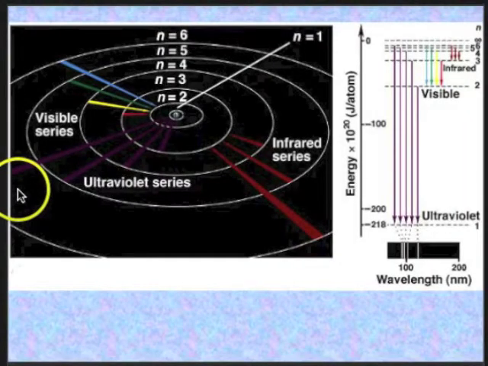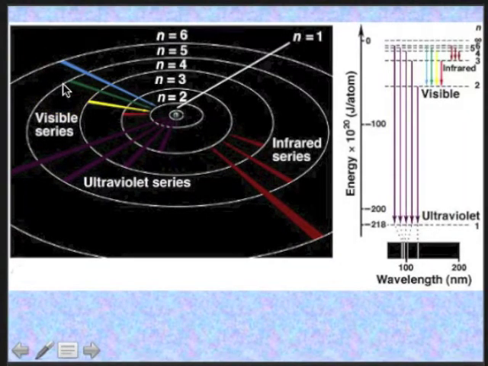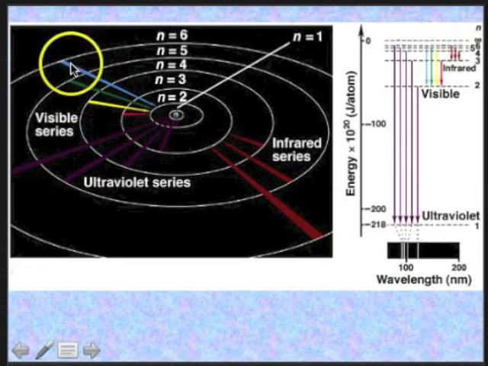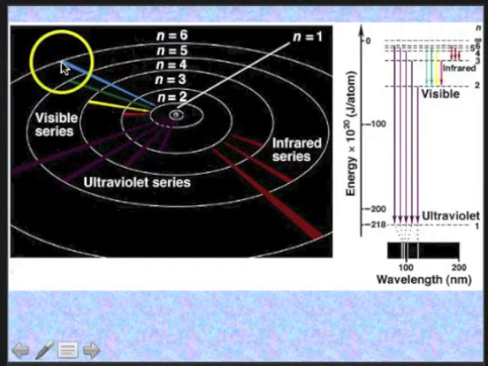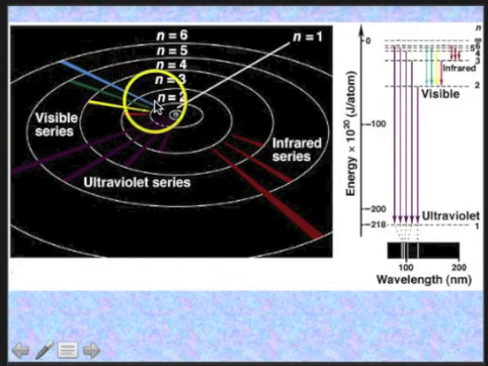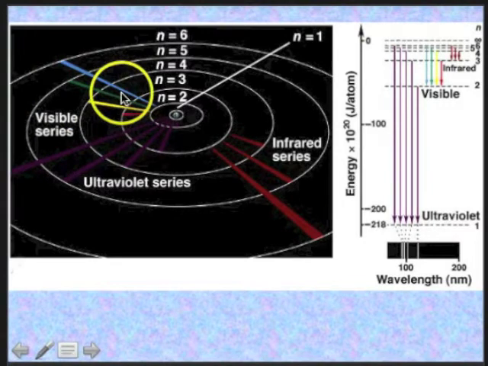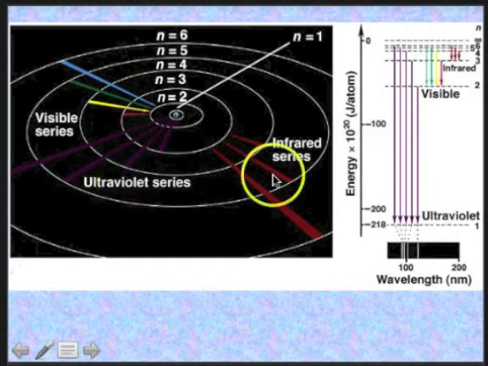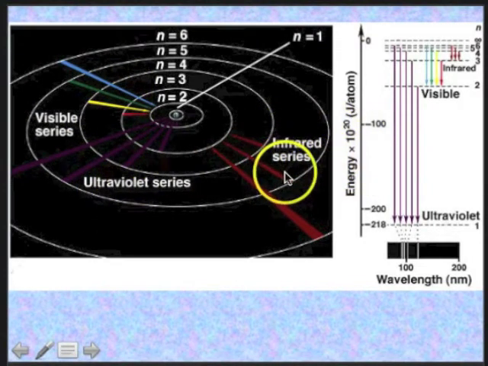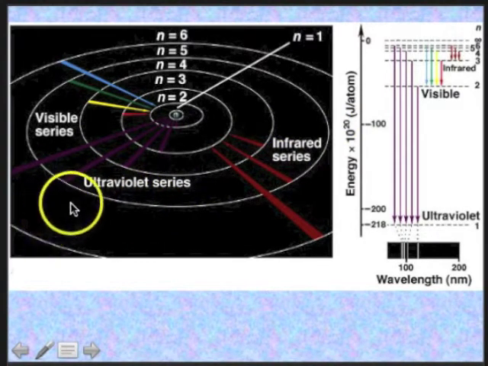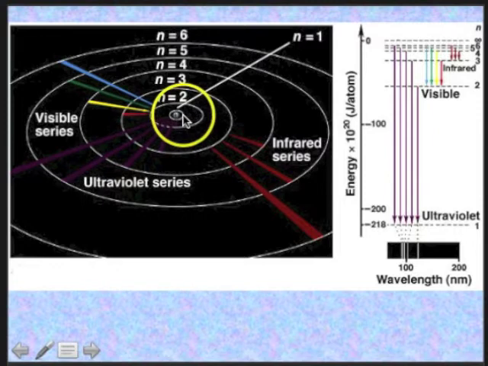So far we've been looking at line spectra within the visible region of the spectrum, where electrons are making jumps from higher energy states down to n equals 2. So this is called the visible series. But there's also an ultraviolet series and an infrared series. In the ultraviolet series, electrons are jumping from higher energy states all the way down to n equals 1.